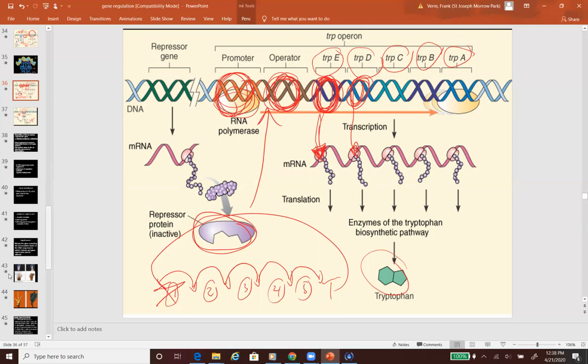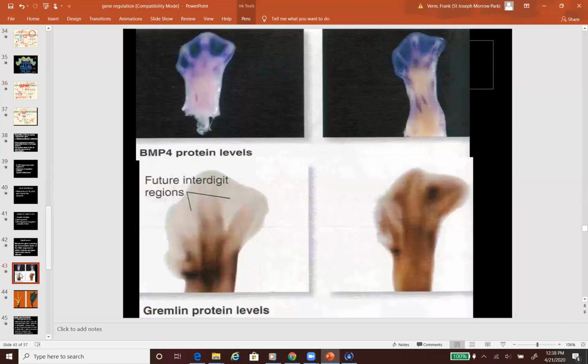So for instance, here is a slide you may have seen before from last year. These are two birds. One of these is a foot of a chicken, the other one's the foot of a duck.